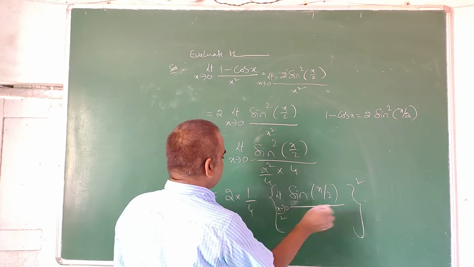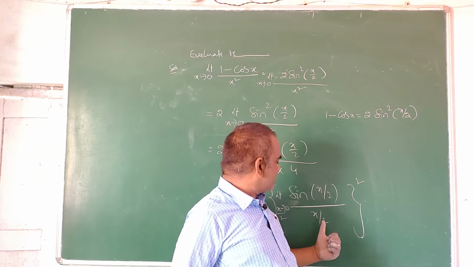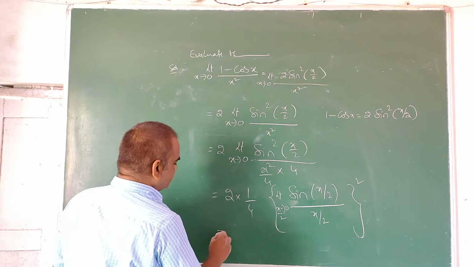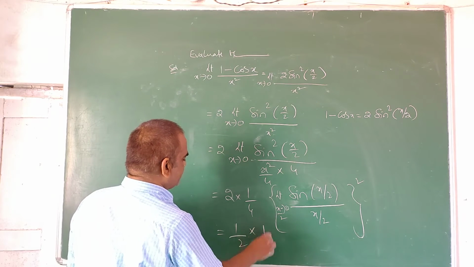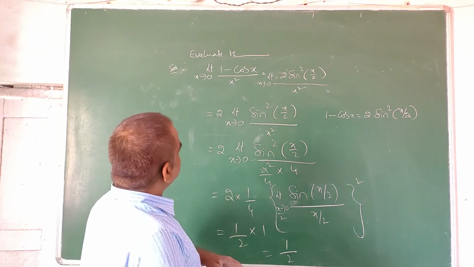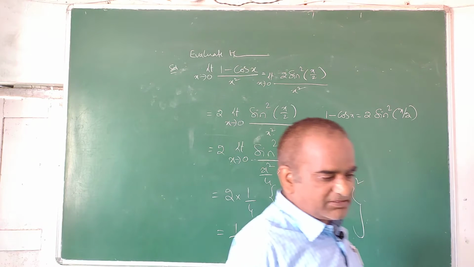As x tends to 0, x by 2 tends to 0. So now this is in the form of sin theta by theta, limit theta tends to 0. So it is 1. So 2 into 1 by 4 is 1 by 2, and 1 by 2 into 1 is 1 by 2. So this is the answer for this question.